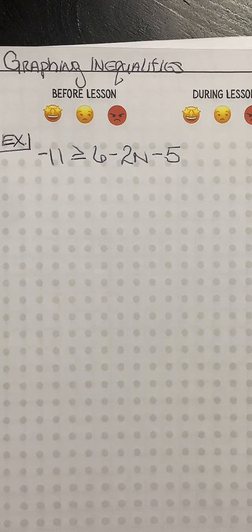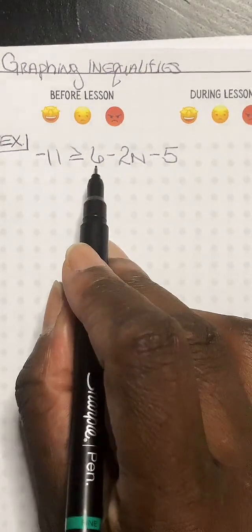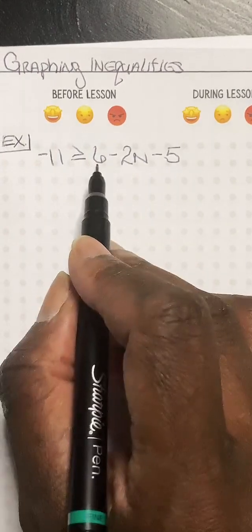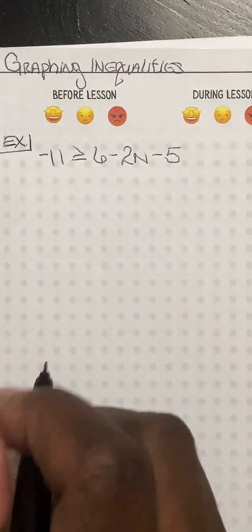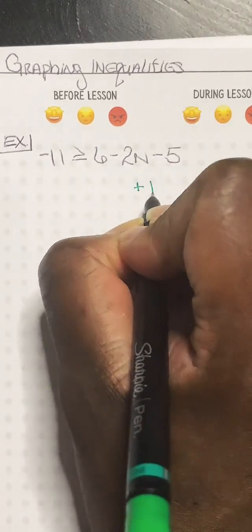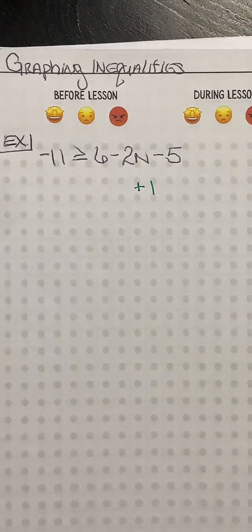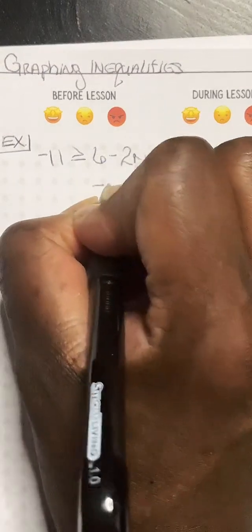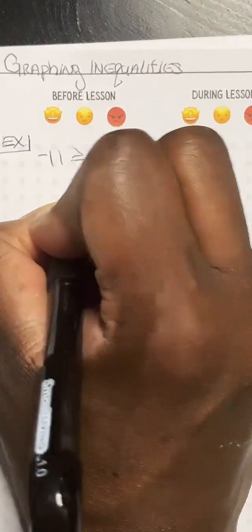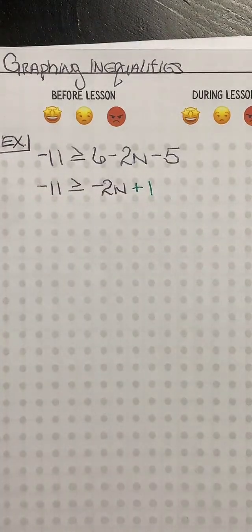You want to isolate your variable. But luckily right here, we actually have like terms on the same side of the equal sign. So 6 minus 5, that will give me my 1. So I'm going to put my positive 1 here. I'm going to bring in my negative 2n, my greater than or equal to sign, and my negative 11.